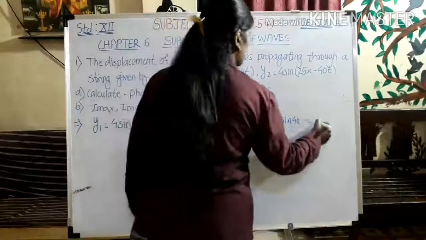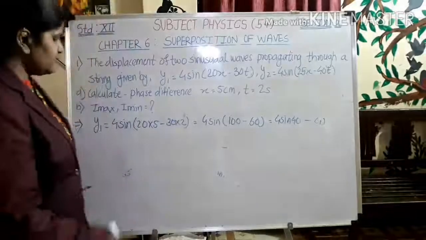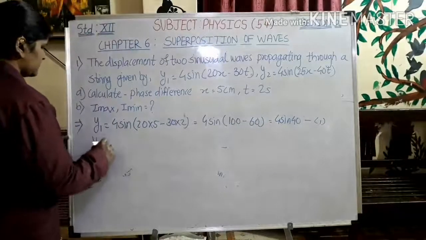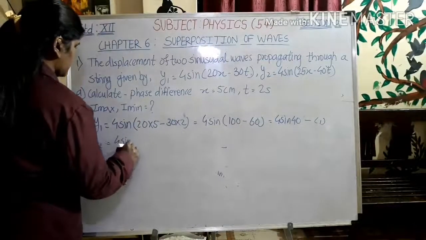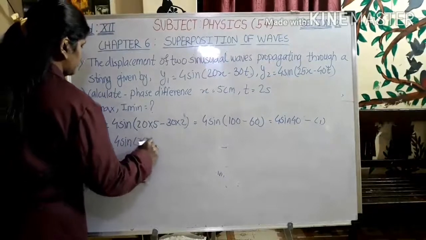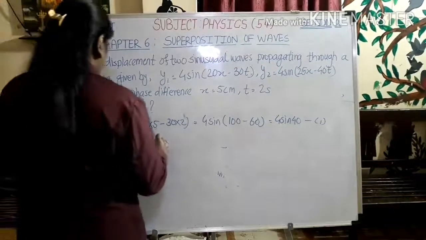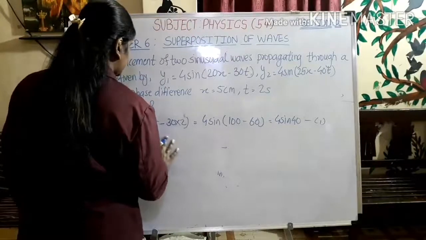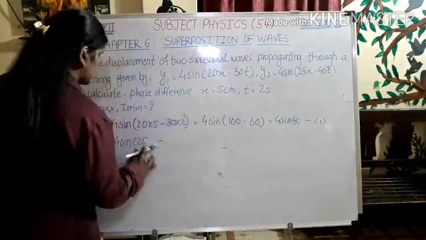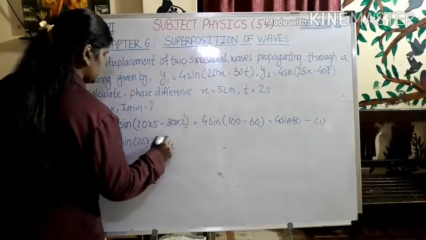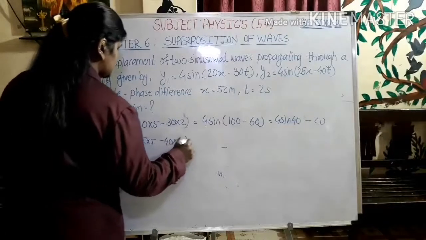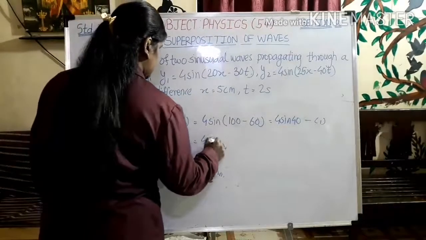This is the first that I have got. Now for y2, 25x minus, not x, I just wanted to put 5 over here, and 40 into 2, right? So it will be like this.